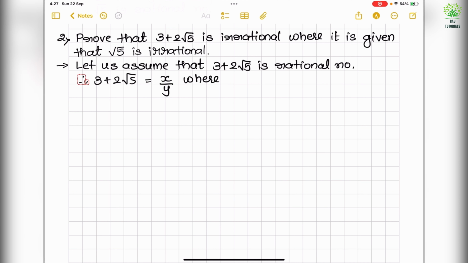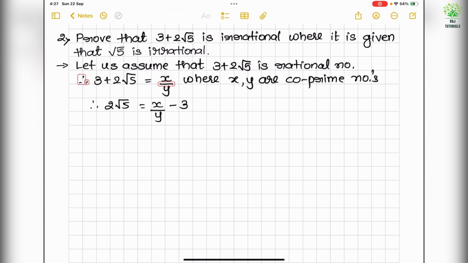Therefore 3 plus 2 root 5 should be equal to x upon y, where x, y are co-prime numbers.